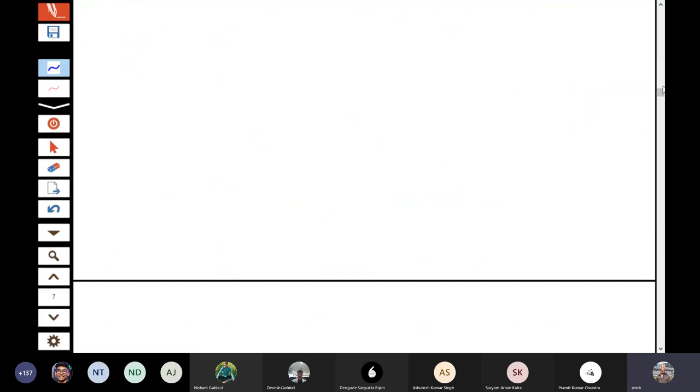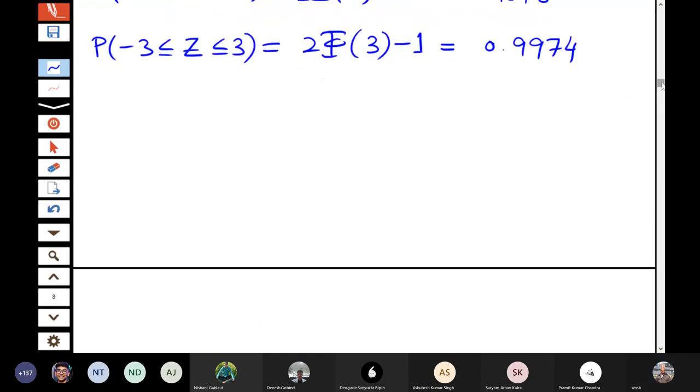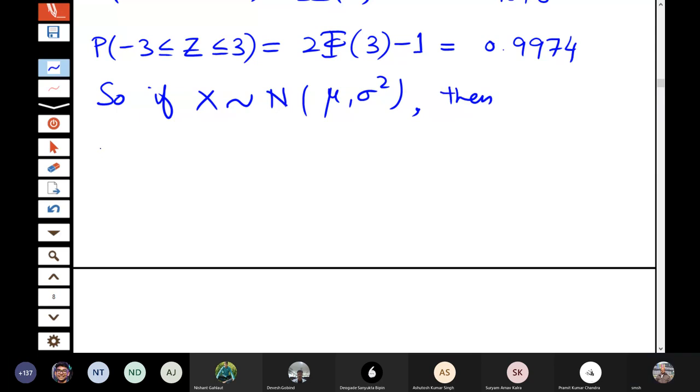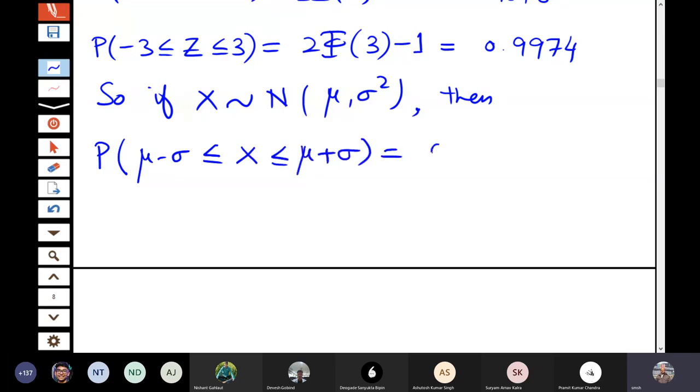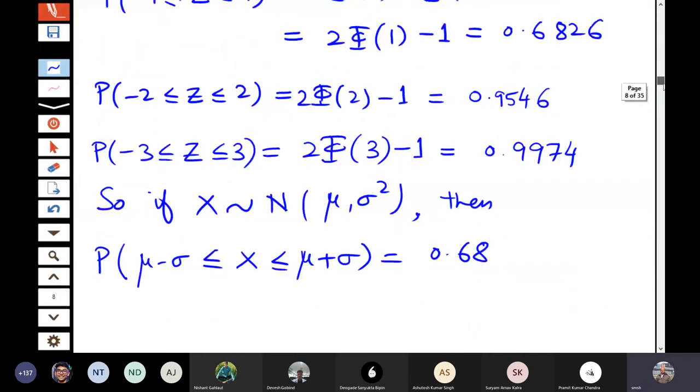So if I convert this, if x follows normal mu sigma square, then the probability of mu minus sigma less than or equal to x less than or equal to mu plus sigma is 0.6826.